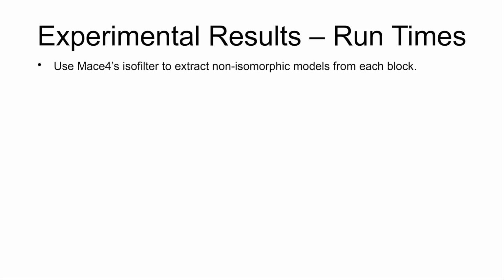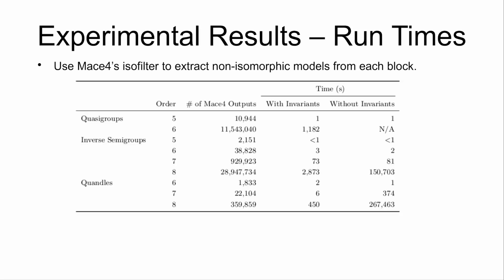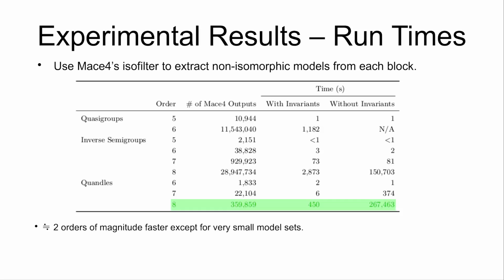Now more results. Once we pre-process the models and put them into blocks, we use Maze4's isofilter to extract non-isomorphic models from each block. In terms of runtime, we see an improvement of roughly 2 orders of magnitude by our invariant algorithm. For example, for quandles, which is the bottom 3 rows in the table, it was about 600 times faster with invariants than without.